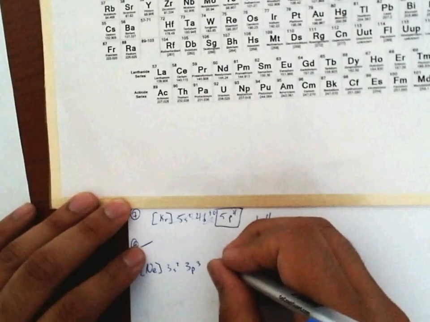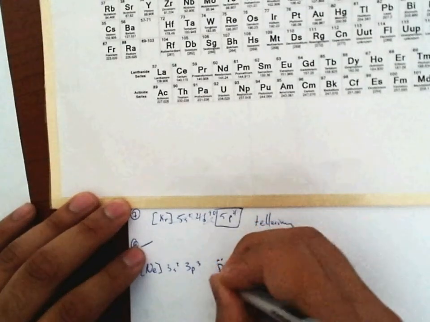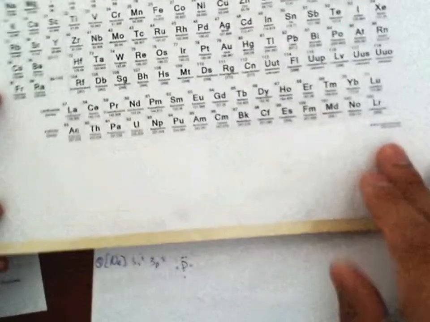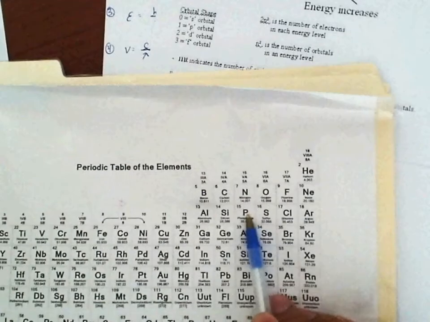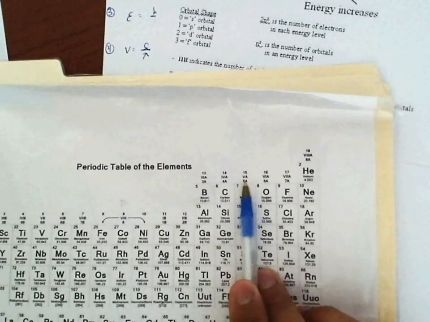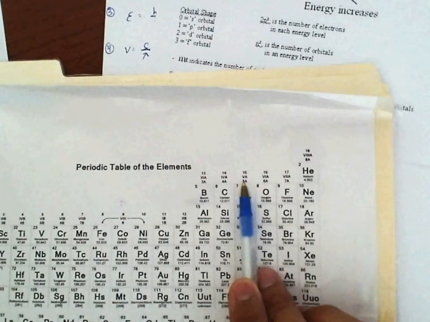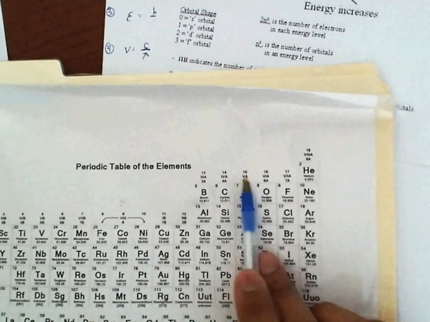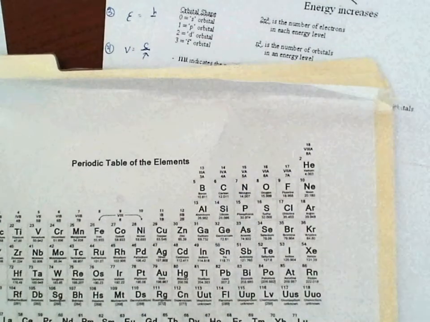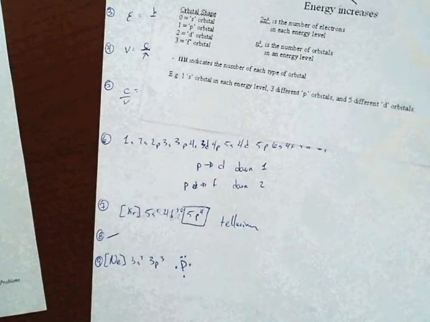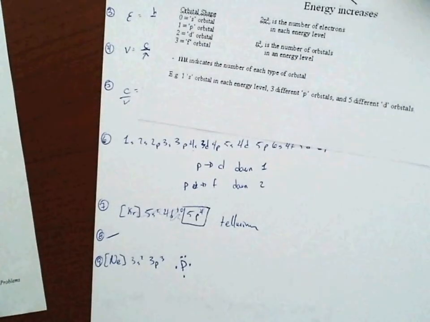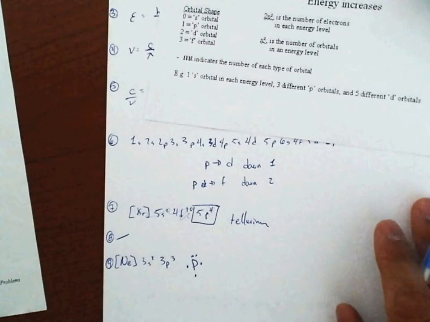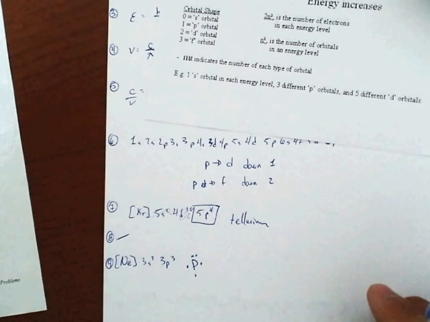So phosphorus with 5 electrons, 1, 2, 3, 4, 5. That's how you would do it. Or you can see that the element is phosphorus, and you can count up. This is the 15th group, so it would have 5 electrons because the group number minus 10 will give you the number of valence electrons. And from that you can probably do B and C.